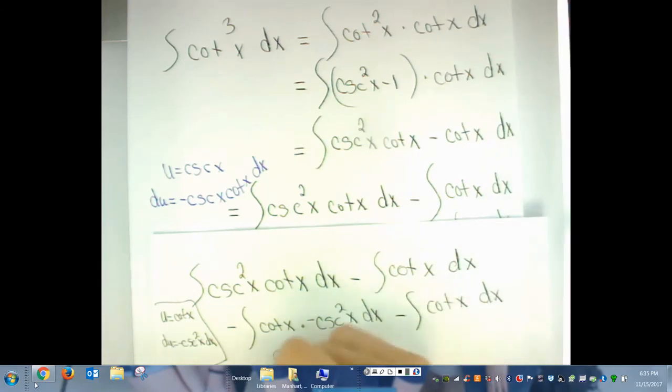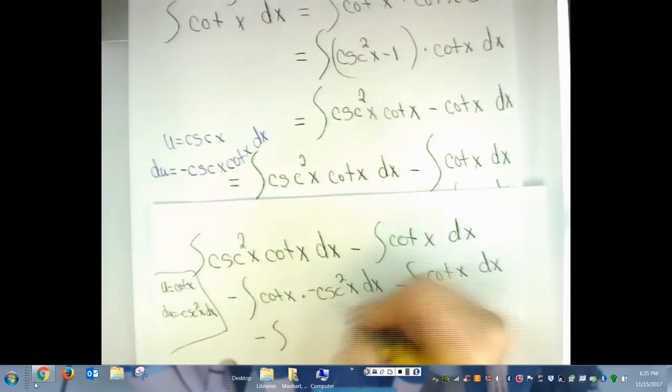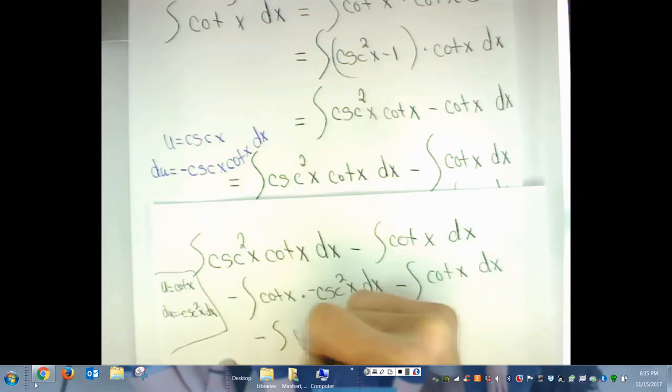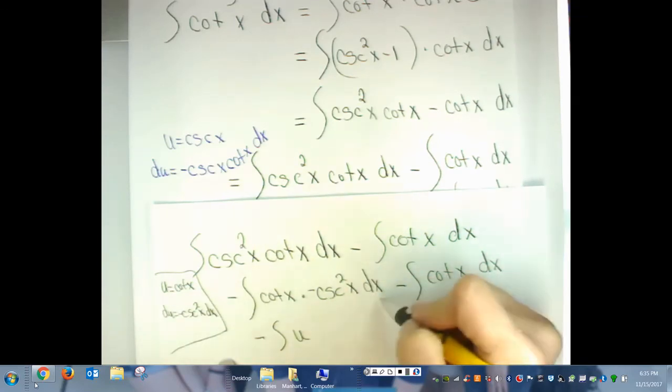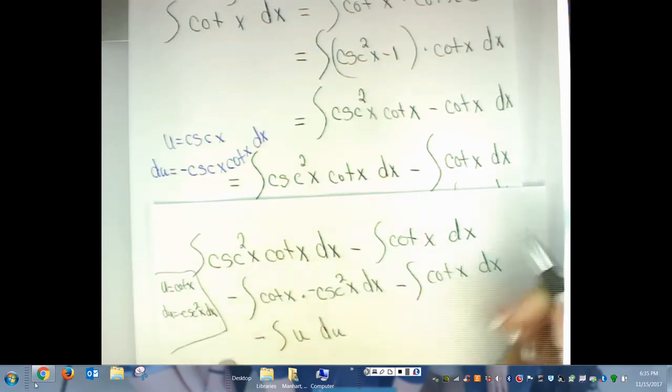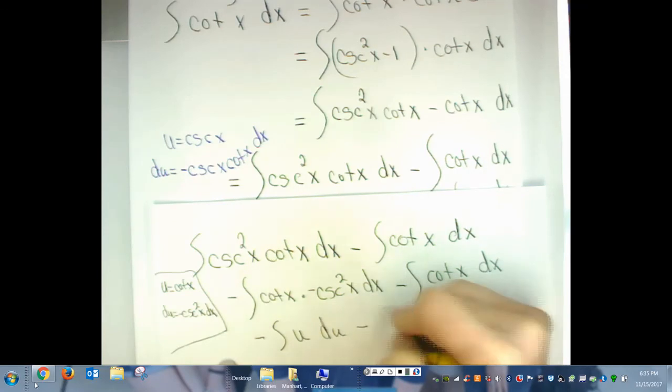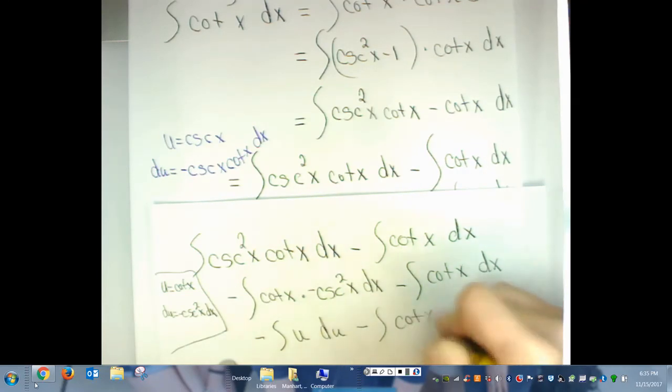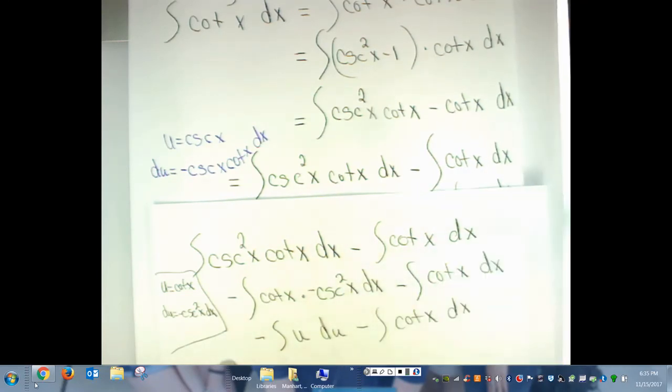And this becomes negative antiderivative of u, and a negative cosecant squared x dx is du, minus the antiderivative of cotangent x dx. And I believe we end up in the same place.